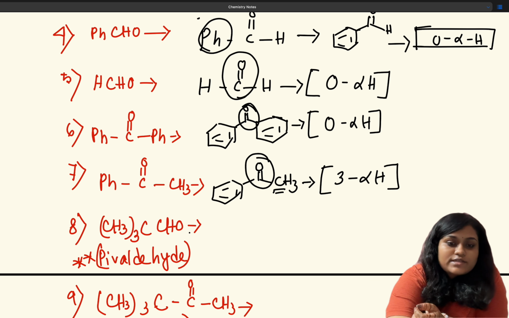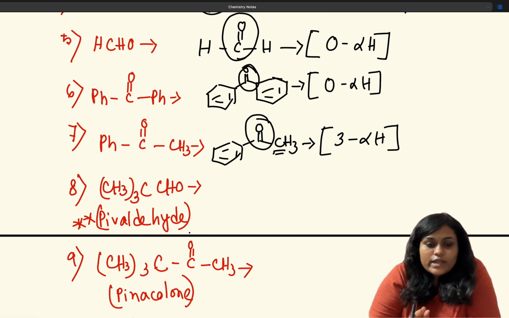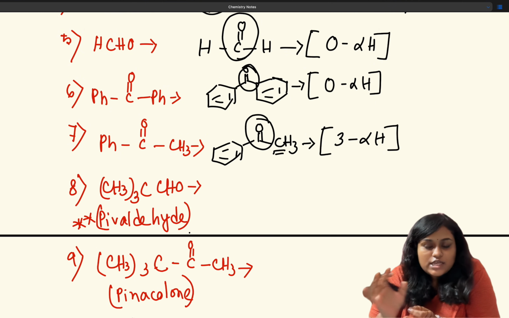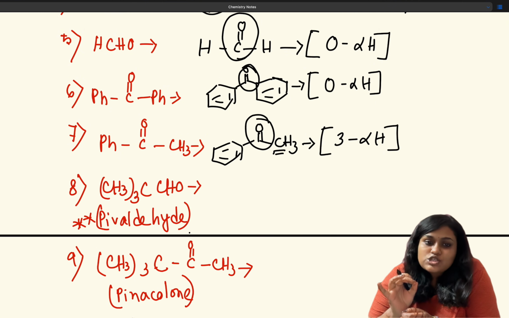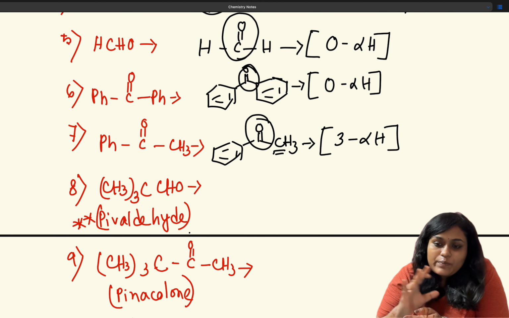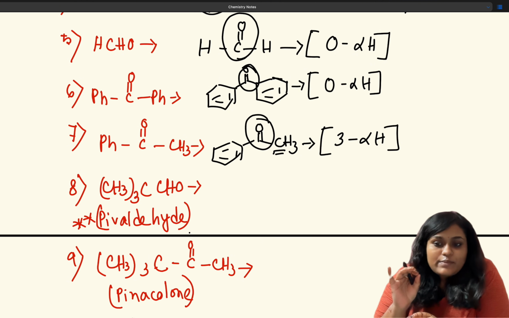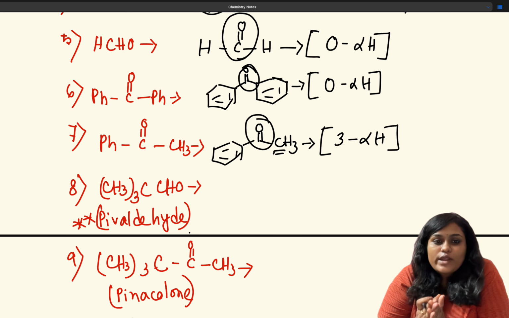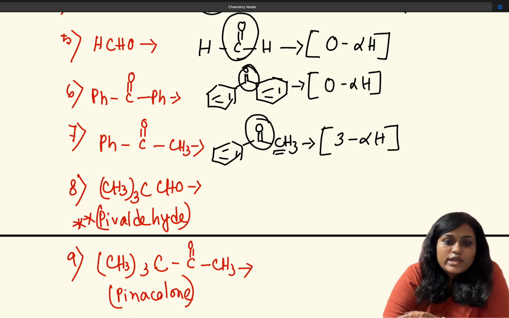Next, our example is very important in the IIT JEE exam, that is pivaldehyde or trimethyl acetaldehyde. We know the structure of acetaldehyde is CH3CHO. If the hydrogens of that acetaldehyde are replaced by methyl groups, then it is known as trimethyl acetaldehyde, or pivaldehyde.